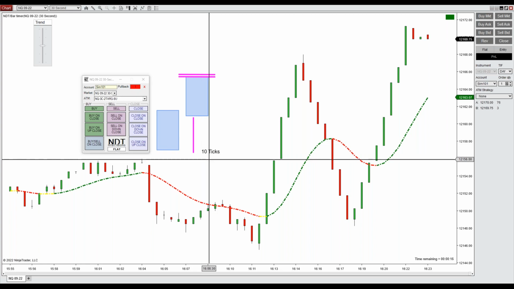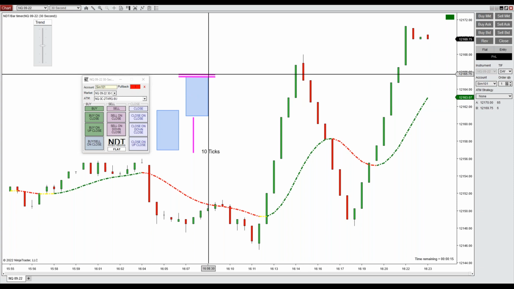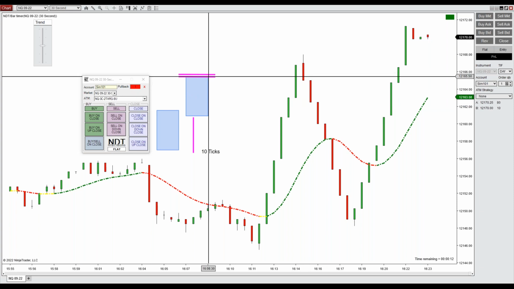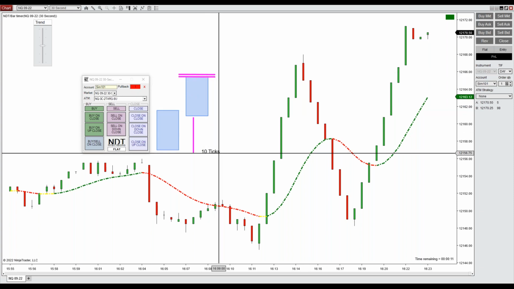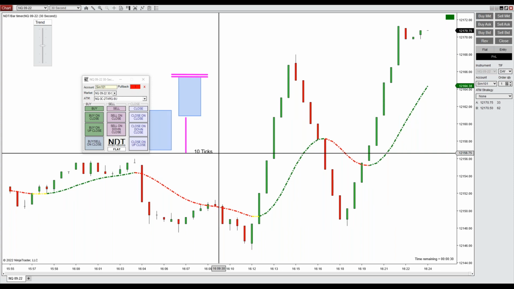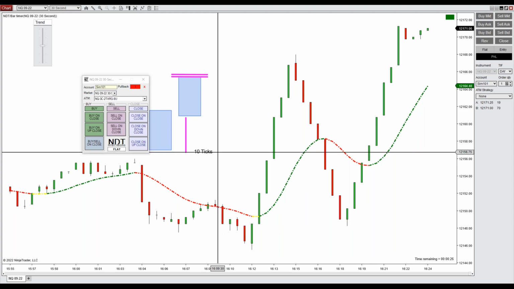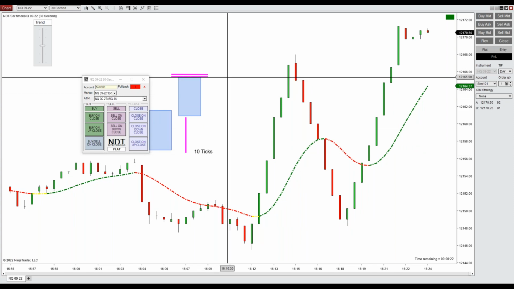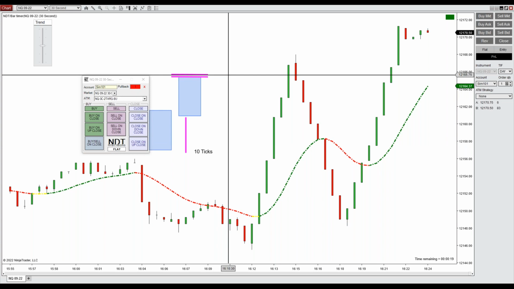Now, by getting the entry on a 1 tick pullback, your maximum loss now drops to 9 ticks. You have built yourself a 10% premium on the maximum loss that you can take on the trade, because that 10 ticks is configured from your normal entry 1 tick above.